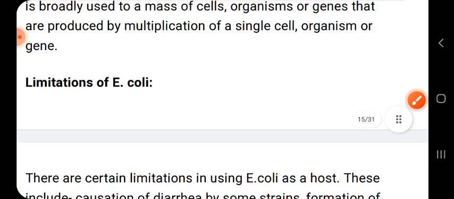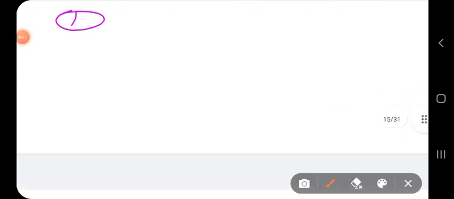So what I am trying to say is, if you want to insert our desirable gene taken from a eukaryotic cell, to be cloned and expressed in a prokaryotic cell, the first problem that we will face is splicing. What happens in splicing? I have wrongly written the spelling.